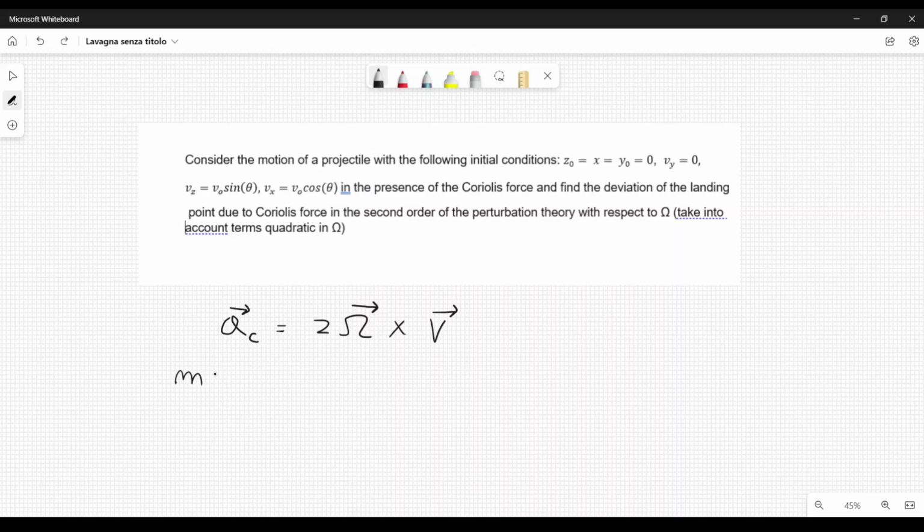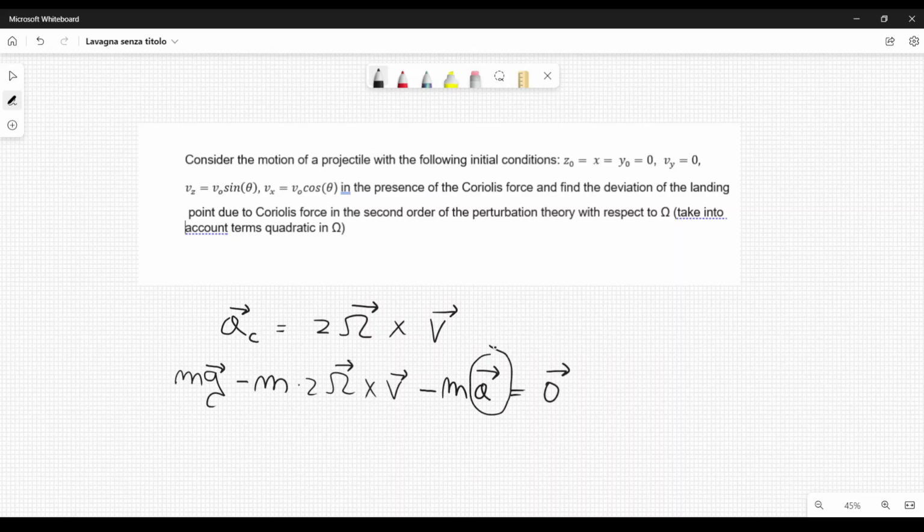So we have the mass of the projectile times the gravitational acceleration g, which is a force acting on the projectile, and then we have the Coriolis force, which is minus the mass of the projectile times the Coriolis acceleration, so 2 omega cross v, and then we also have the non-inertial force minus m times the acceleration of the projectile in this frame of reference, and this is equal to 0, the 0 vector.